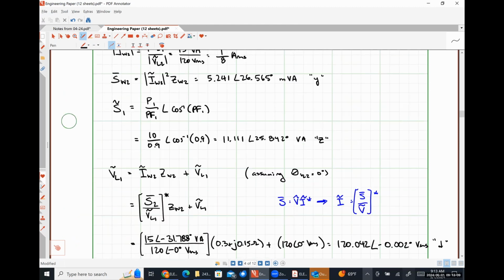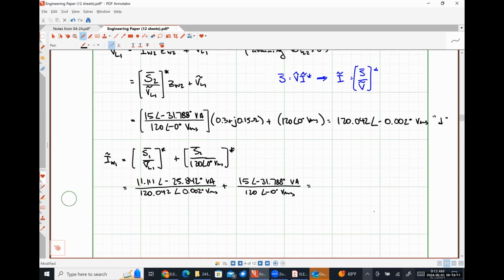So let me see what I stored this in my calculator. For me, that's going to look like the conjugate of Z divided by the conjugate of D, plus the conjugate of X divided by 120.